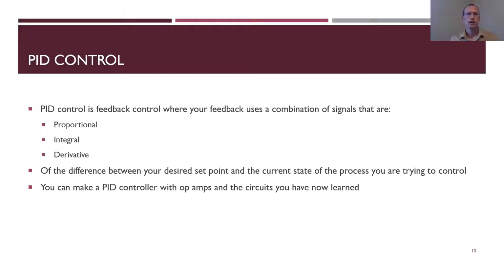You're basically looking at the difference between where you want the aileron to be and where it is right now. And based on that difference, you can make a PID controller that takes that difference as the input, and then you have your op-amps and circuits to control it and make it go where you want it to go.